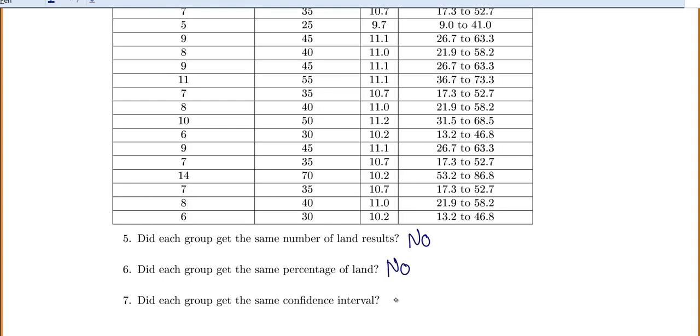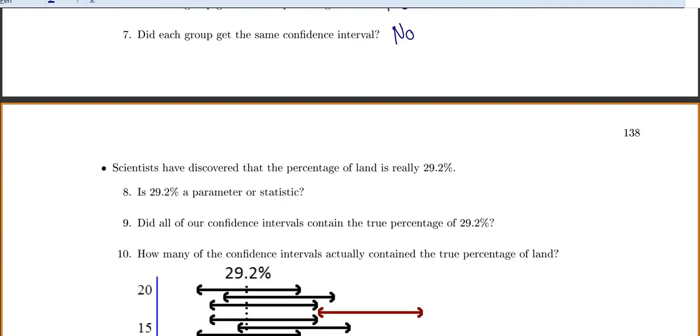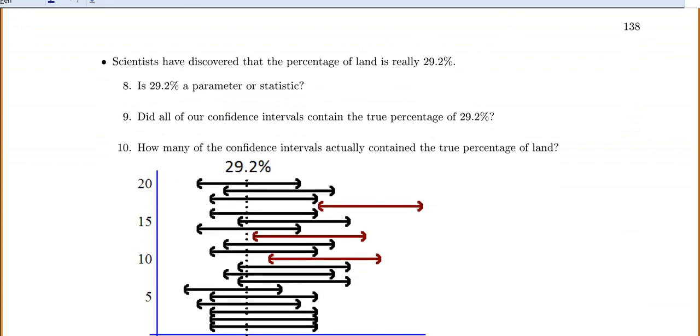No. And they didn't get the same confidence interval either. Now, scientists have discovered that the true percentage of land is really 29.2%. So is this 29.2 a parameter or a statistic? It would be a parameter because it's for the entire population.